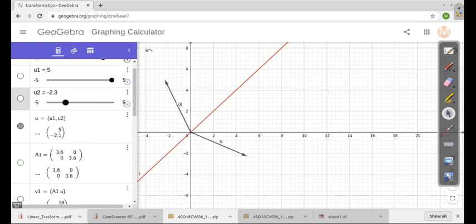So see here, it's just a reflection. I can change the direction of reflection also. u can be on the left side and then v goes to the right side. So it is just a reflection about the axis y equal to x. Okay, so this is the next operation.